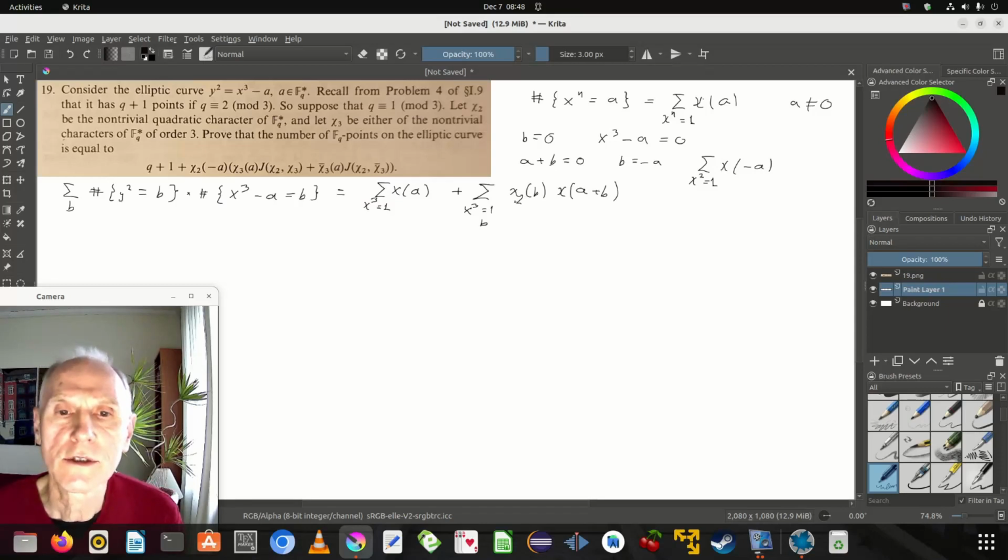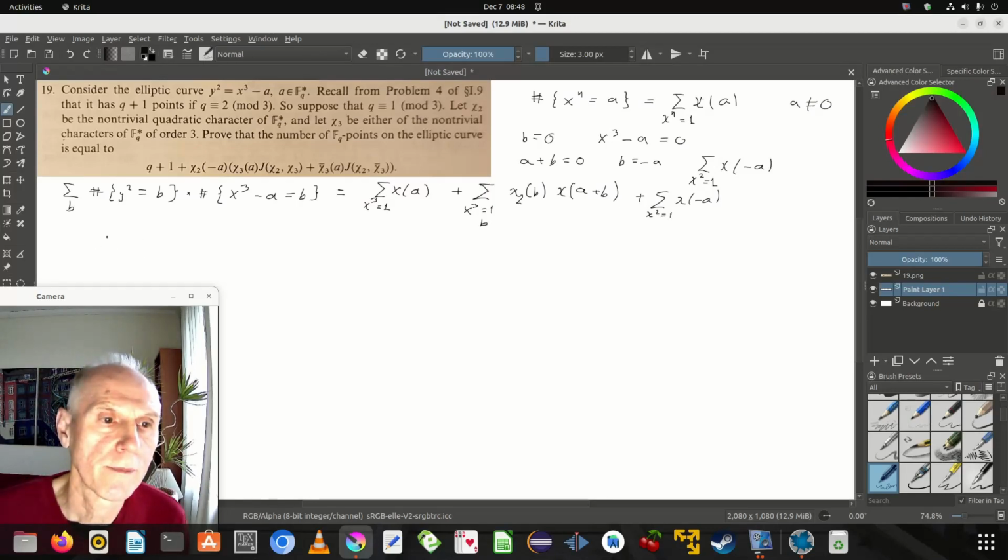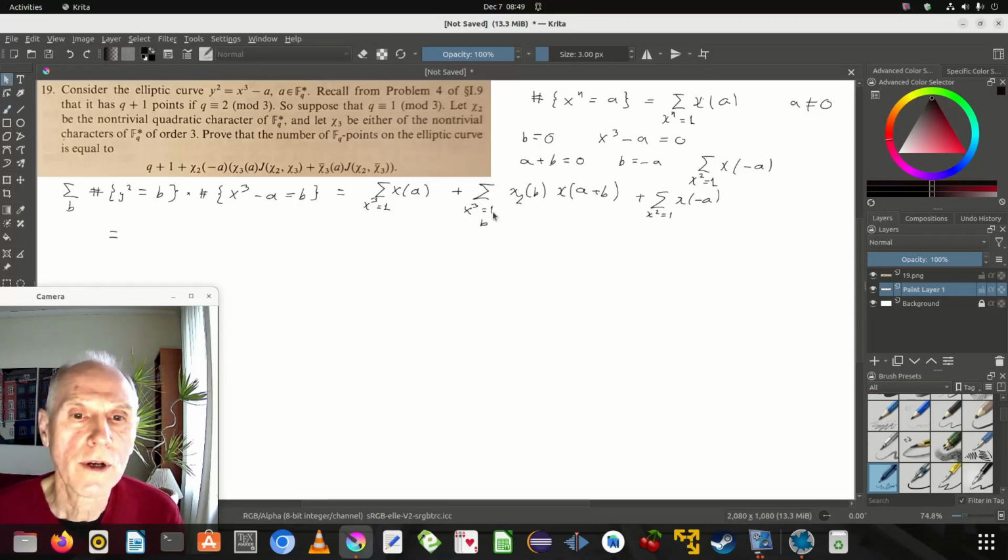Now, in case b is naught, then this vanishes. So that doesn't give a distinct term. And when a plus b vanishes, then this vanishes. So we can sum over all b. But then we have to add chi of minus a. Right. There's only one of, oops, this is the third order, this is the second order.